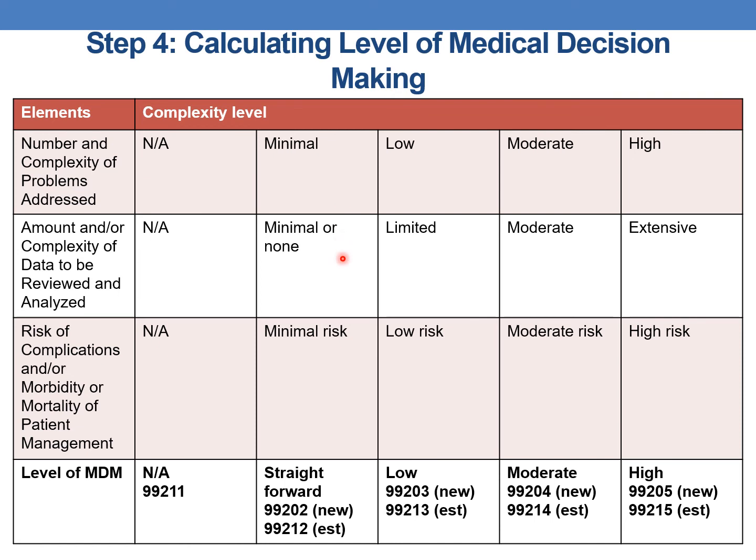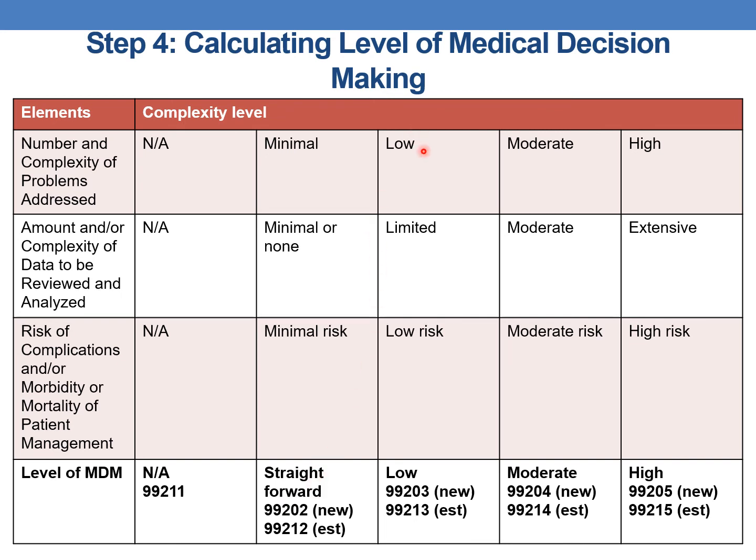So minimal in all these 3 points. That is, number and complexity of problems addressed should be minimal, amount and complexity of data to be reviewed should be minimal, and risk of complications of morbidity or mortality of patient management should be minimal. When all these are minimal, it leads to straightforward MDM.